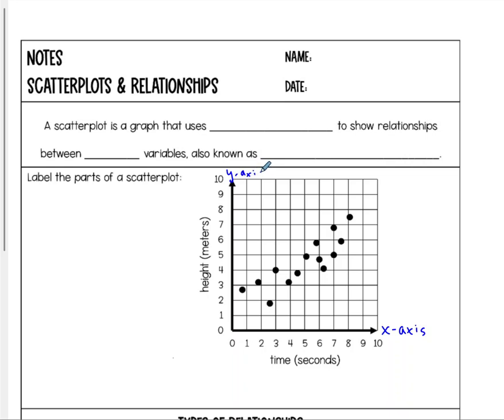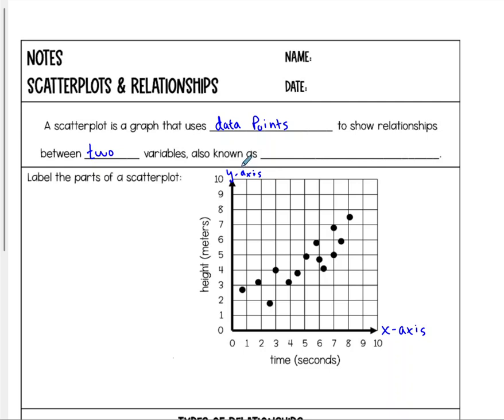And on this graph, you have these different points. So the scatter plot just uses these data points, we'll call them data points, to show relationship between two variables. Specifically, those variables are your x variable and then your y.